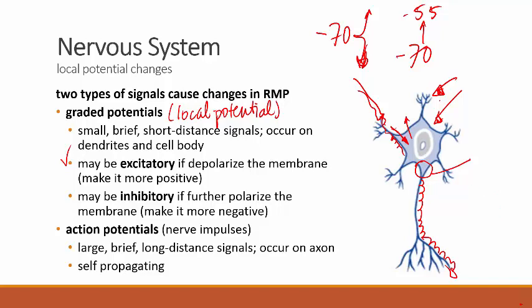Okay, so how do we get the axon hillock to experience that much of a change in membrane potential? Well, it's the job of those graded potentials.